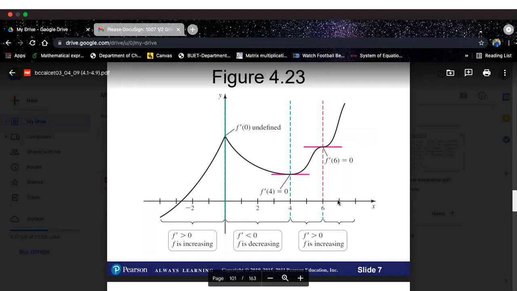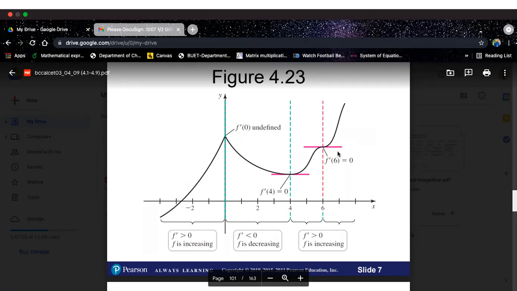Now, you can see on a single graph, we can find several behavioral aspects. The first derivative could be positive, it could be 0, it could be negative, right? Or it could be vertical to the x-axis, or in other words, undefined, right?